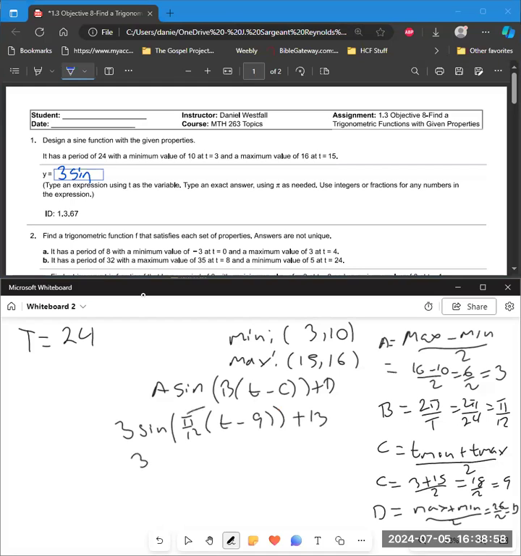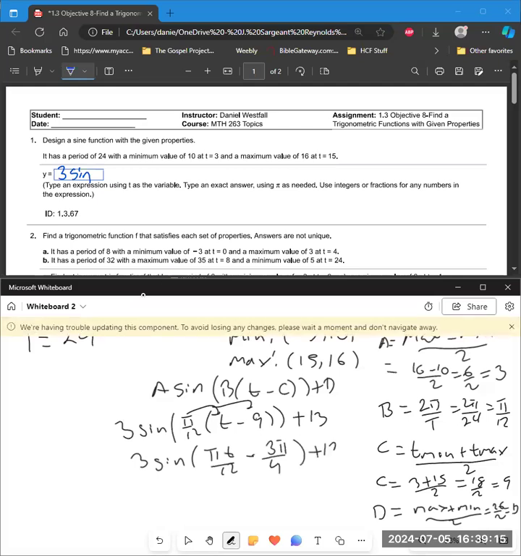Distribute this in before we give our answer. Sine of pi t over 12. This 3 will go into there 4 times. 3 pi over 4 plus 13.